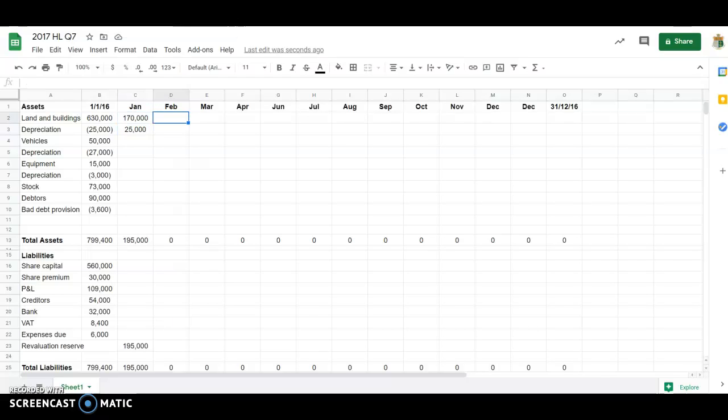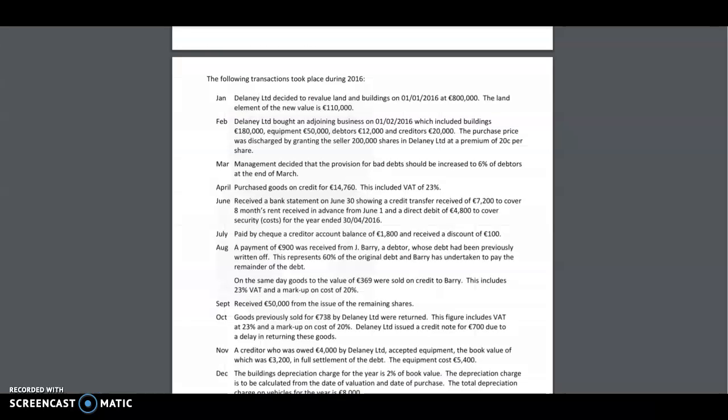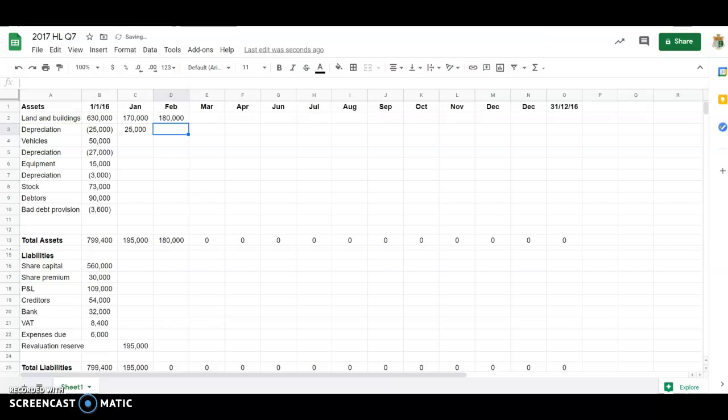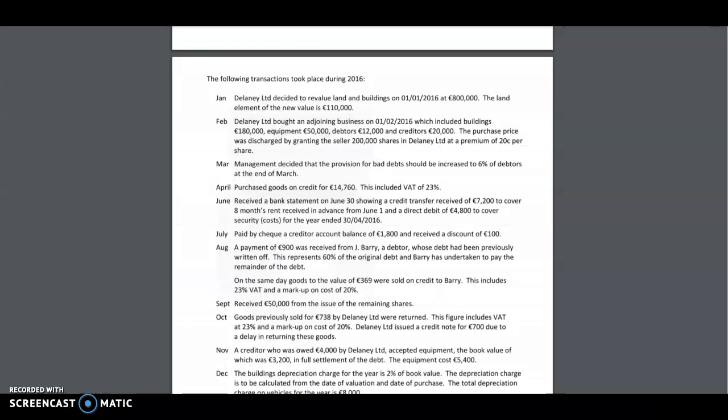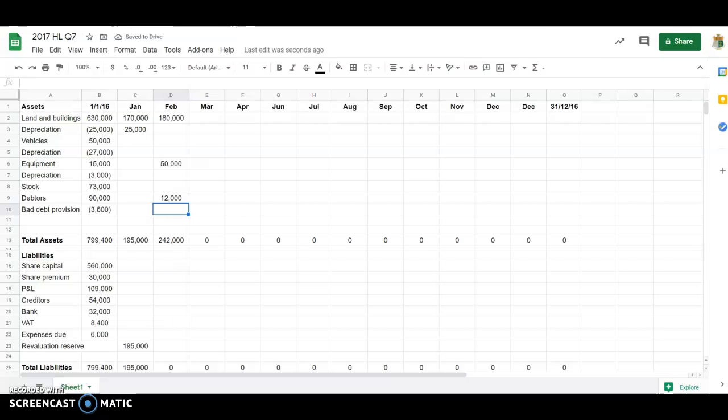So that's going to be added on to my buildings. Equipment of 50, debtors of 12. So just add 50 onto the equipment, add 12 onto the debtors. And it includes creditors of 20. So another 20,000 into creditors.